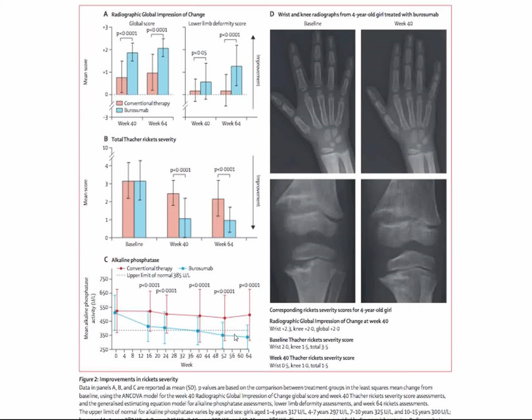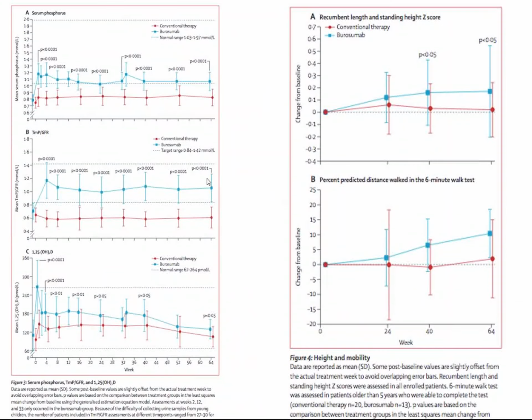Their alkaline phosphatase levels go down substantially, and their total Thacher rickets severity score is better, and their radiographic global impression of change is better. And if we bother to look at their x-rays, this is better than that. And so this antibody seems to work. And indeed, if we look at their serum phosphate levels, those rise to normal.